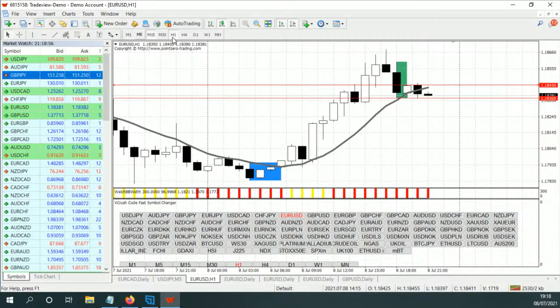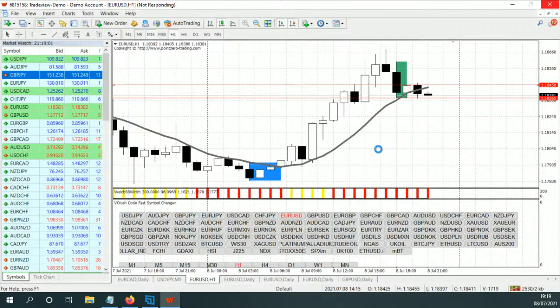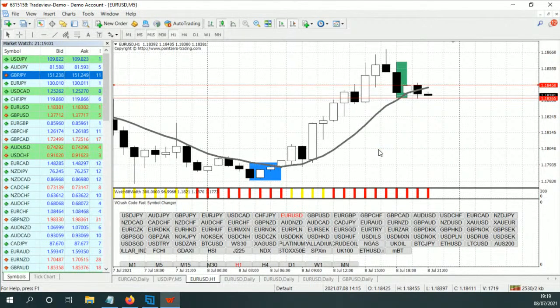On a 1 hour chart, it depends on which time frame you are using. So let's say you go to the 5-minute time frame, then you focus solely on the 5-minute time frame. But if you're on a 1 hour time frame, you are focusing on the hour time frame.